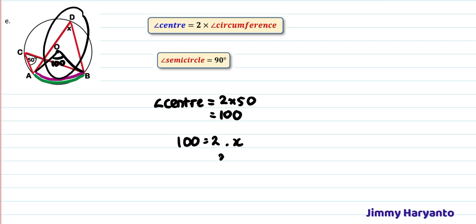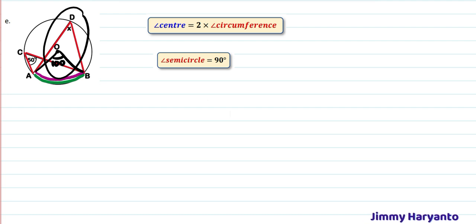That means x equals 100 divided by 2 equals 50. But we don't have to do this, since we already know that if the angles of circumference face the same arc, that means the angles will also be the same. So the value of x will be the same as the 50.